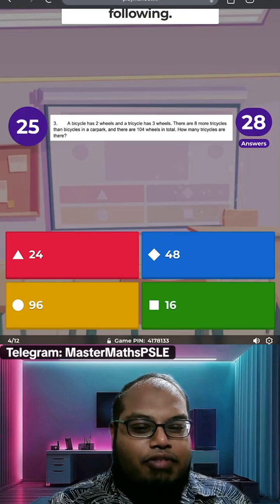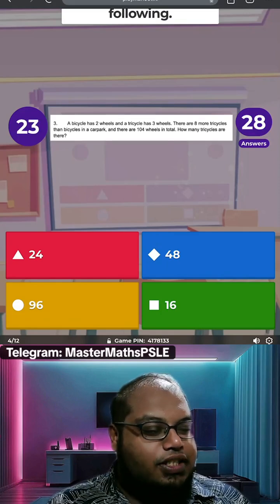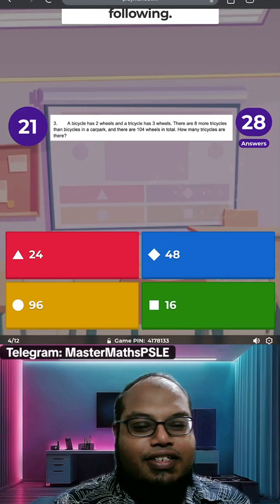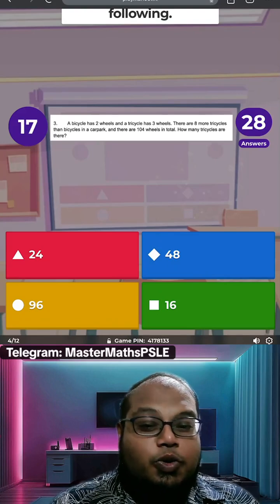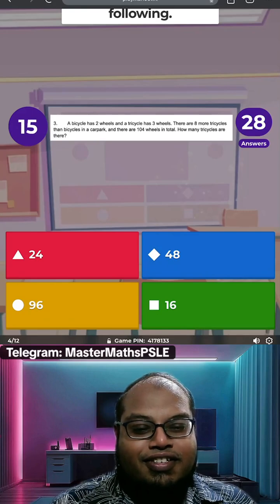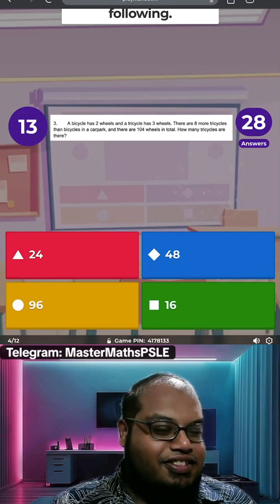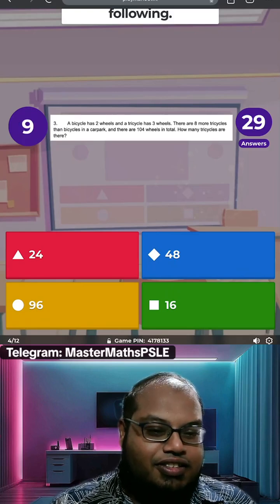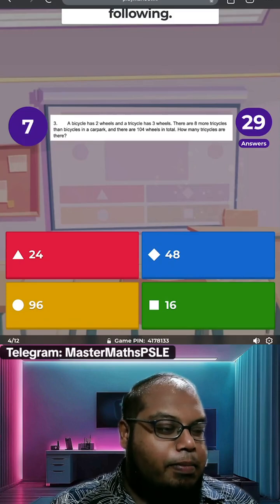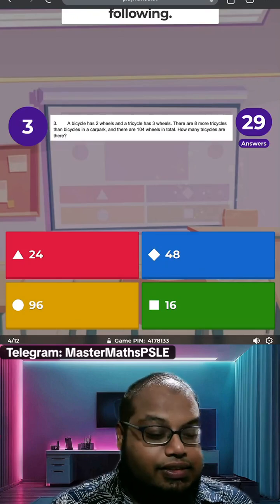You didn't type finish. This is not a type question, this is an enter question. Are you sure it is not? Remember, there are 8 more tricycles than bicycles.